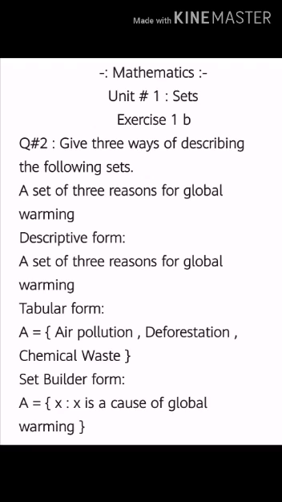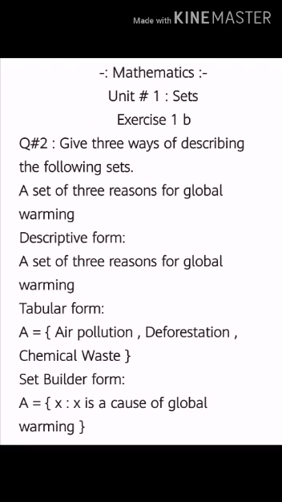In descriptive form, as we know, the elements are described by well-defined words. So we will write it as A = {a set of 3 reasons for global warming}.